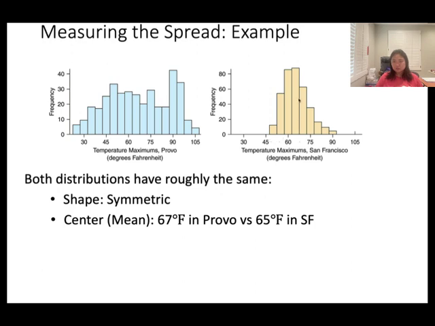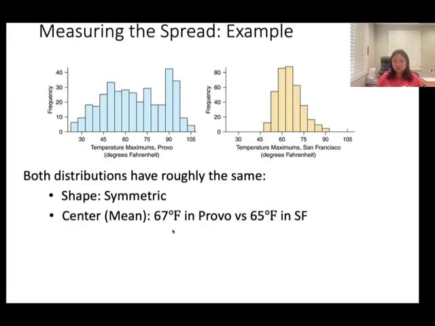So 65 is somewhere like here also. So you can see the mean of the temperature in these two cities is about the same, 67 Fahrenheit and 65 Fahrenheit. It means if I don't give you guys the distribution, and I only give you a set of data, when you calculate the mean, it won't tell you how spread out the data is for each city.